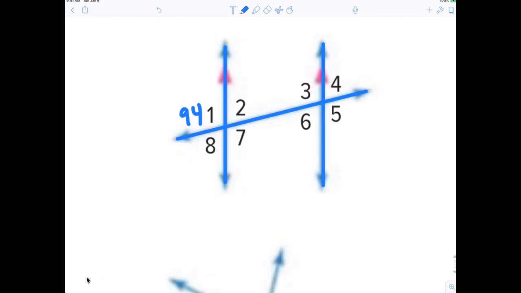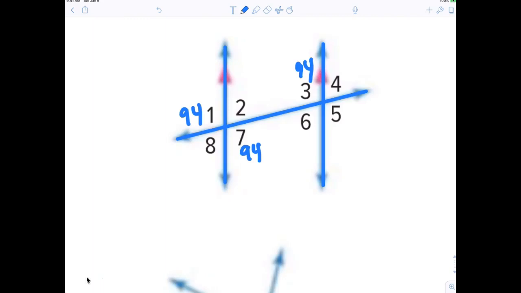Well, because it's just the rules that we learned yesterday. First of all, 7 is vertical, so you know that's the same. Then you know 3 is corresponding with 1, or 3 is alternate interior with 7. Those are equal.